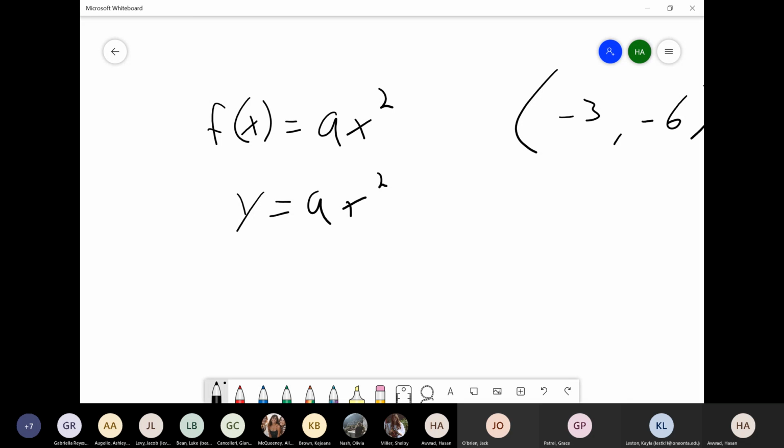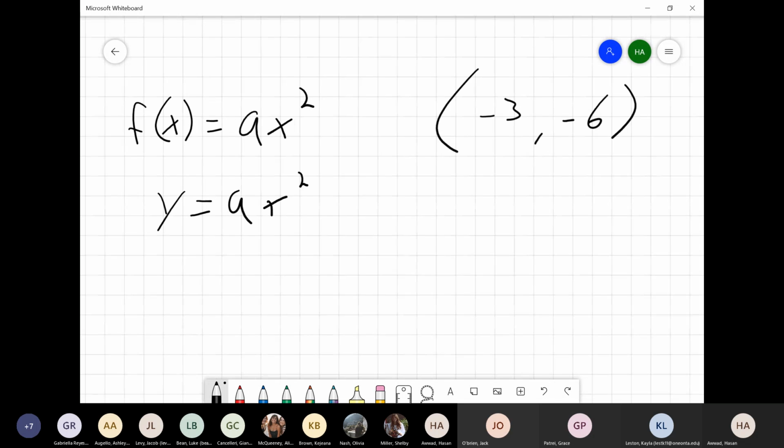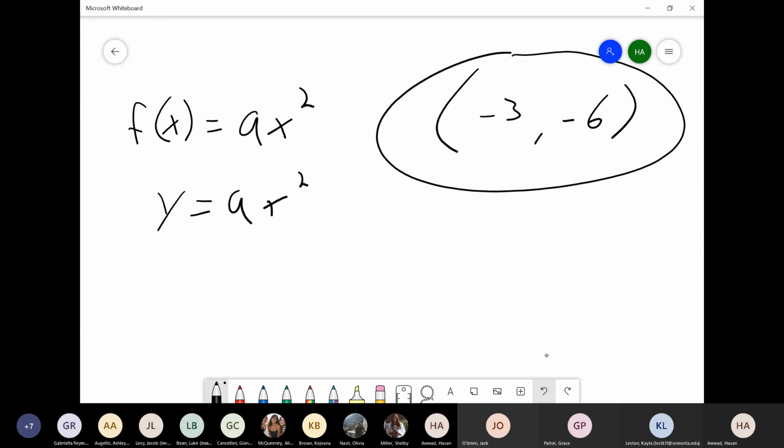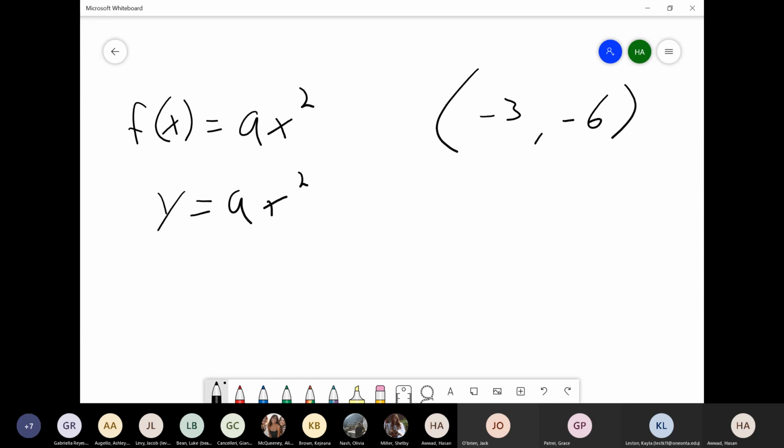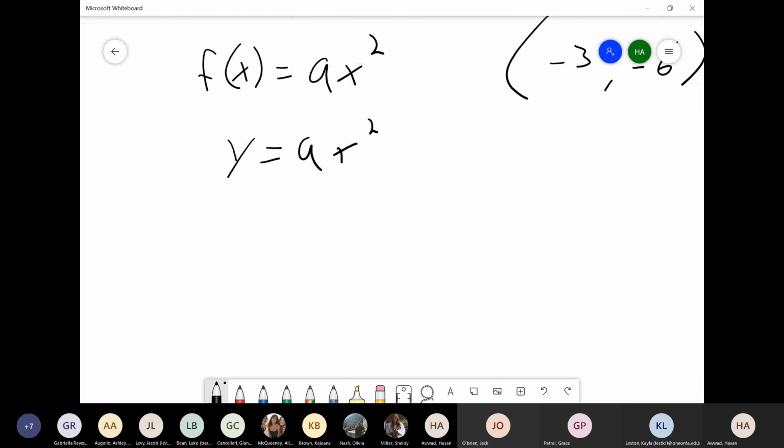Remember, you can freely go back and forth in that notation, as long as your graph is a function. So we have y is equal to ax squared, and we use the solution given to us, -3, -6. -6 was the y, so we have -6 equals a times x squared, but instead of x we use -3 squared.